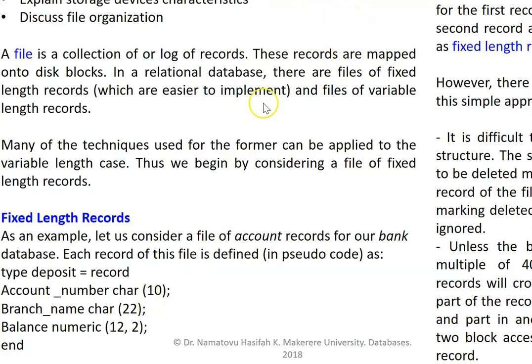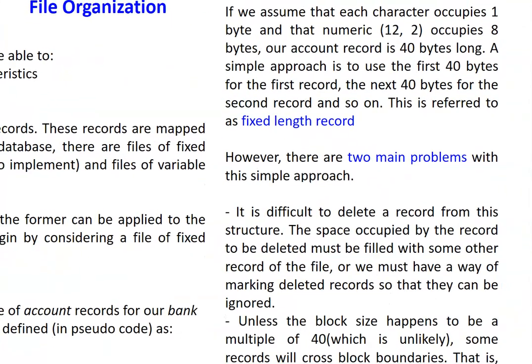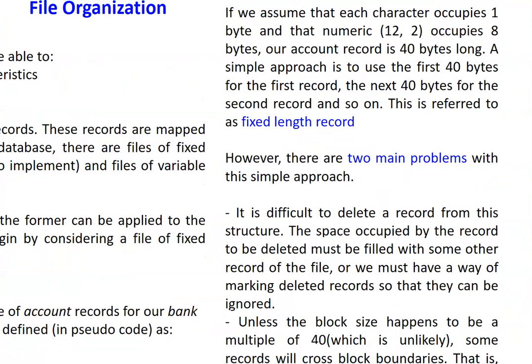And this numeric, of course, is 12 plus 2. For this particular numeric, let us assume that it is occupying 8 bytes. And then at the end of the day, our account record is going to be 40 bytes long.